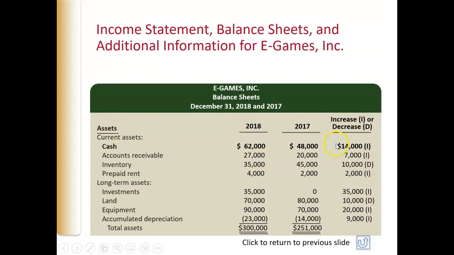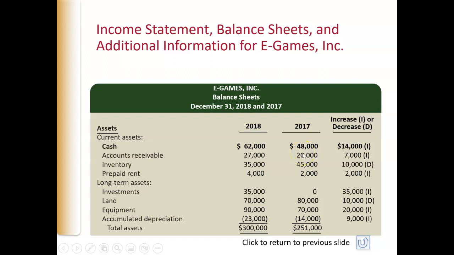Now, when we show an increase or a decrease, we're comparing the most current year to the previous year. So when we say cash increased by $14,000, that's because in 2018 cash was at $28,000. 2017 it was $48,000. It increased from 17 to 18 by $14,000.